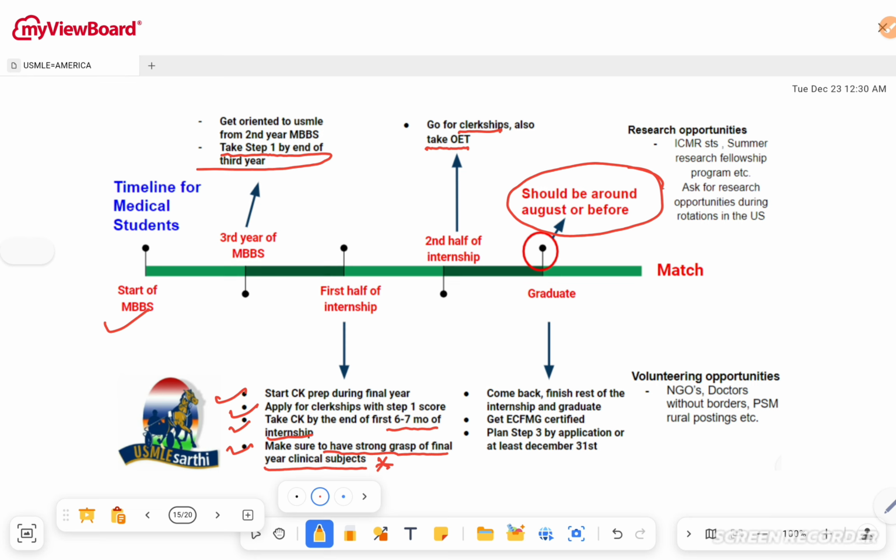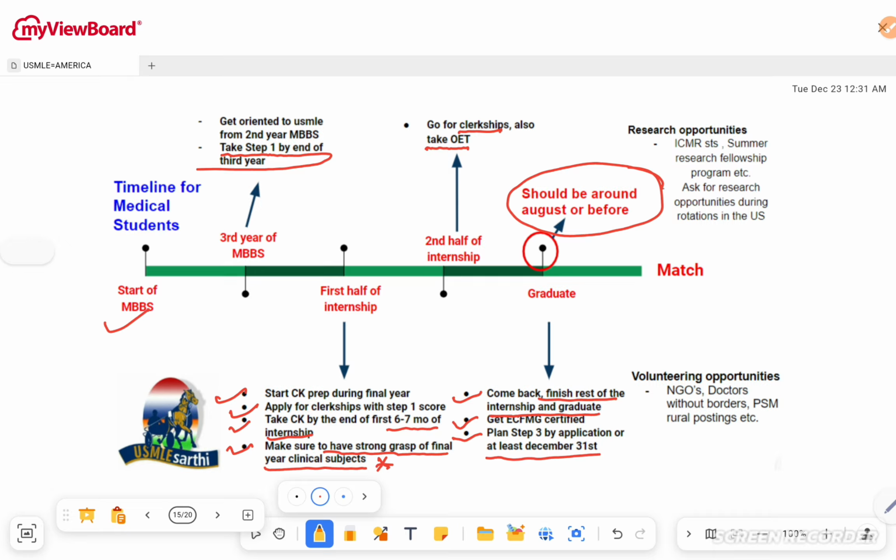Then we can come back from America, finish the rest of the internship and graduate, and we can get ECFMG satisfied, and we can plan Step 3 and applications accordingly. If you have planned August, then the 31st of December can be planned for the Step 1.